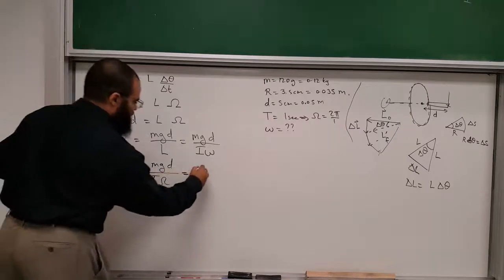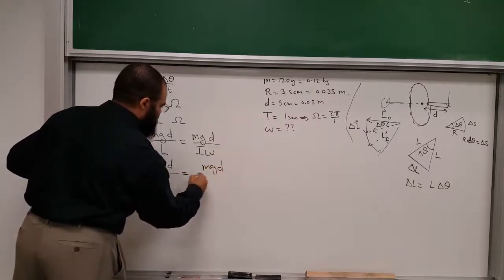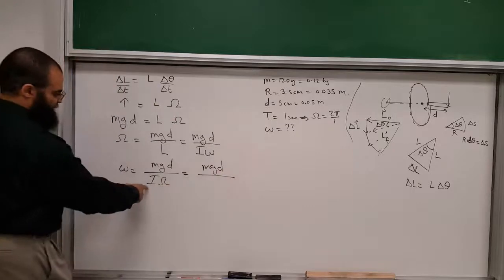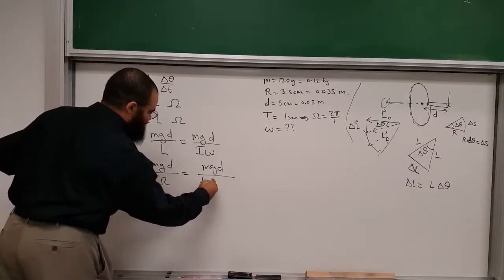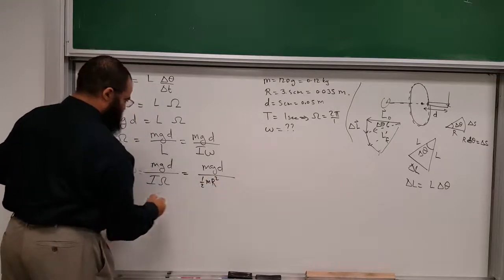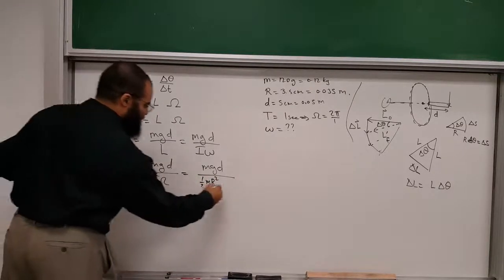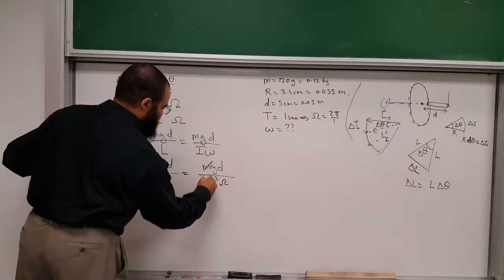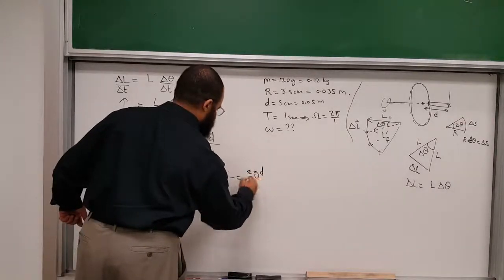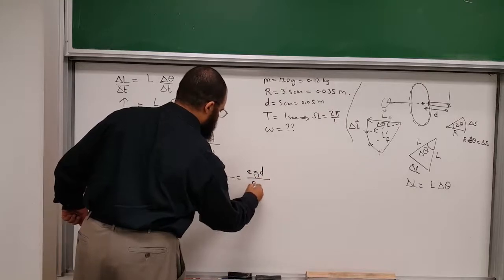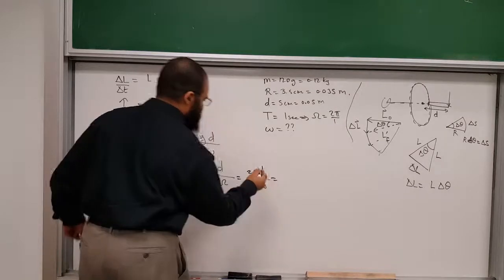So I have mgd. If it's a solid disk, then the moment of inertia is 1/2 the mass of the disk times the radius of the disk squared. That's the moment of inertia times capital omega. So the mass simply cancels. So I have 2gd divided by r squared times capital omega. And now we just have to plug in.